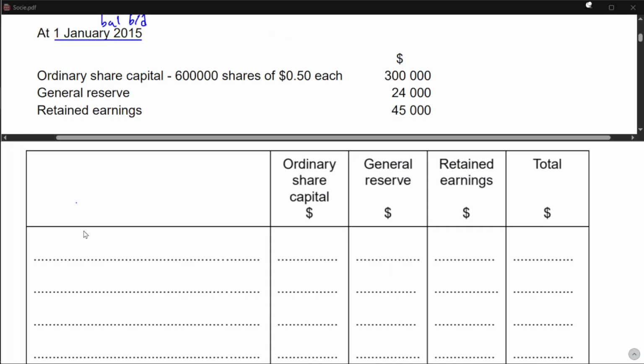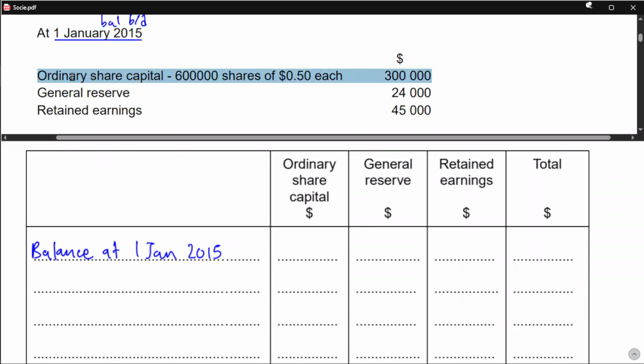He said this one is a balance brought down. Instead of writing balance brought down, we need to write balance at 1 January 2015. Ordinary share capital is 300K, so I put 300K.